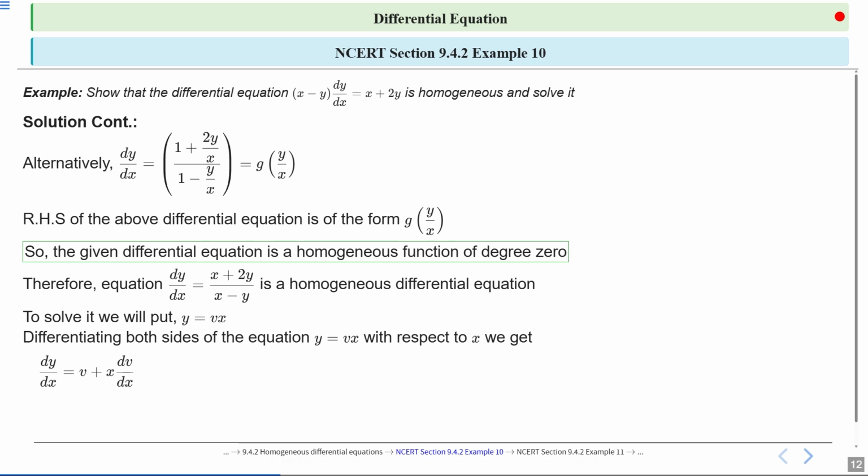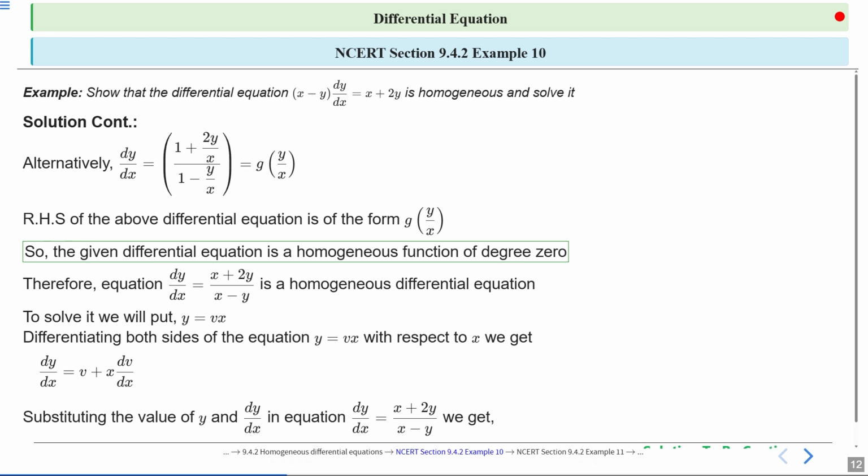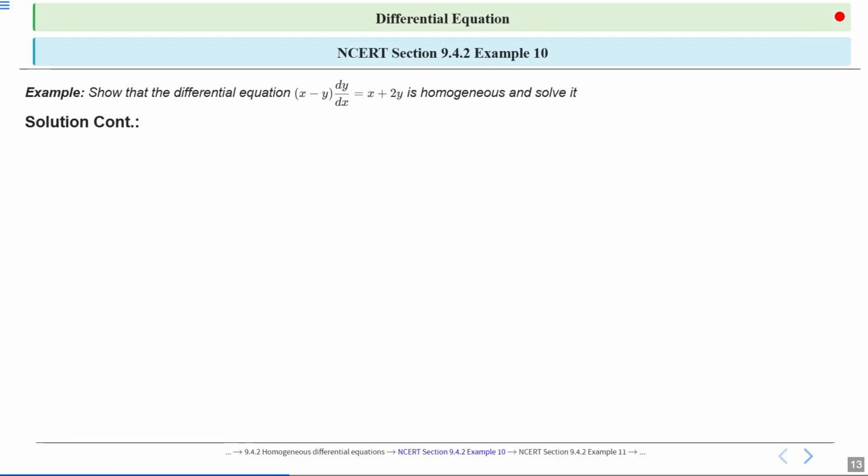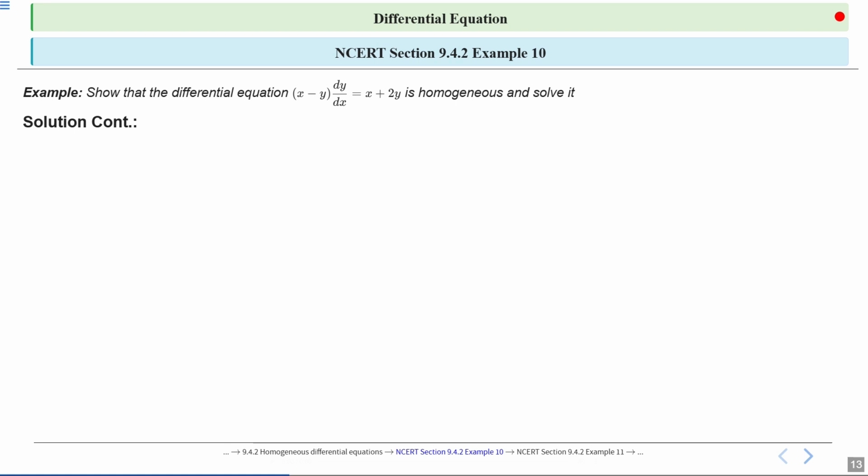In the given differential equation, dy by dx is equal to (x plus 2y) by (x minus y), we just substitute the values of y and dy by dx. We get v plus x dv by dx is equal to (1 plus 2v) by (1 minus v).